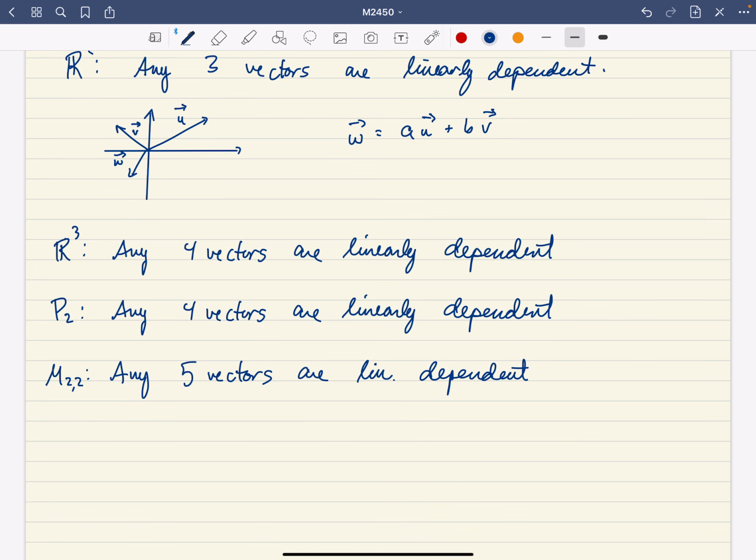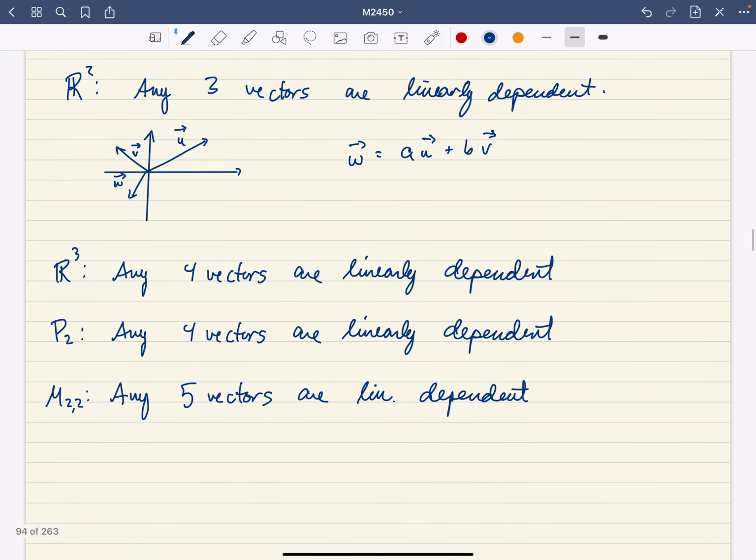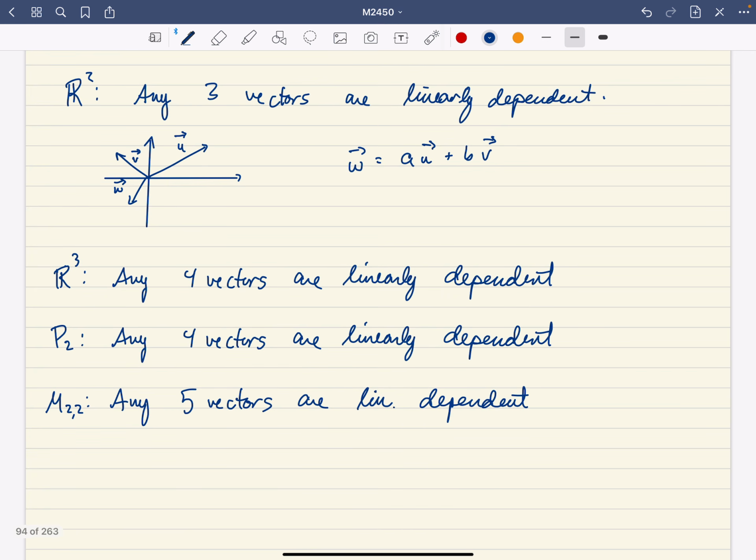Okay. So this tells us something actually pretty deep about these vector spaces. There's a proper number of vectors when we're worried about linear independence. If we want vectors to be linearly independent in R2, we must have at most 2 vectors. Likewise in R3 and in P2, if we want a set of vectors to be linearly independent, we can have at most 3 vectors, because 4 or more ruins linear independence.